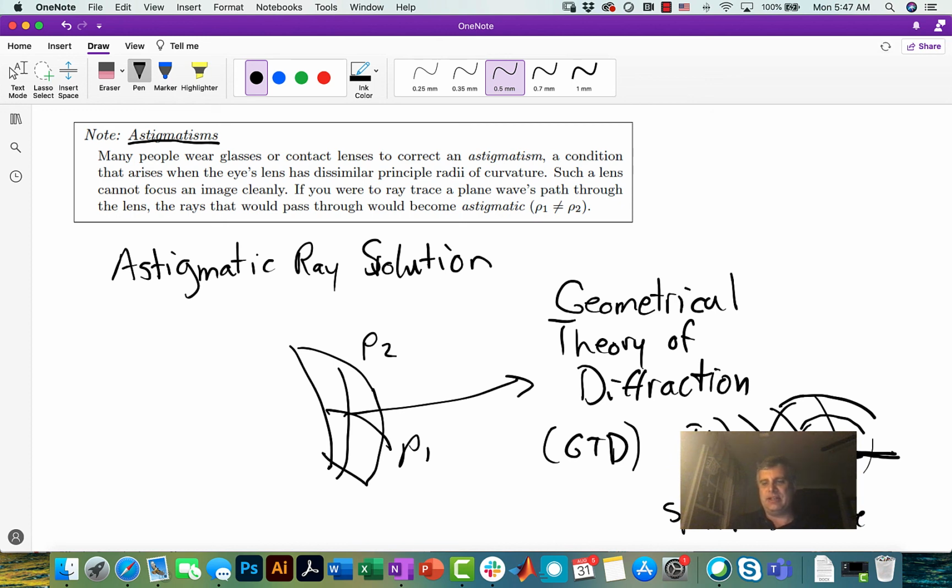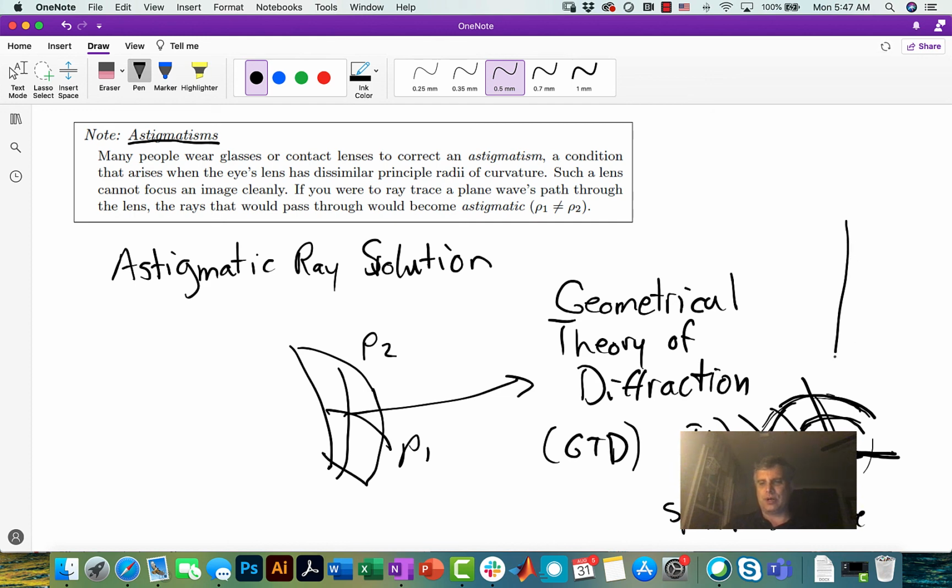And that means that for this geometrical wave, one of the radii of curvature at that point is going to be 0, and as you trace out the diffracted wave, you'll start to decrease the curvature, increase the radii of curvature in that direction.